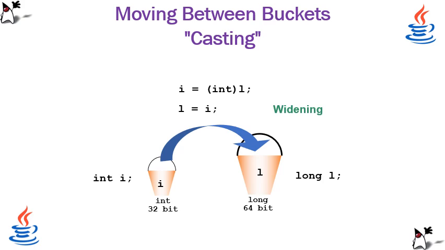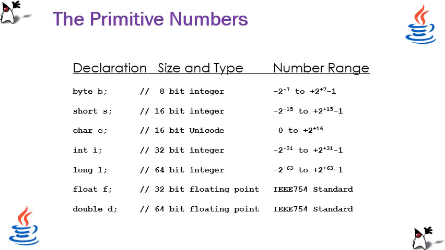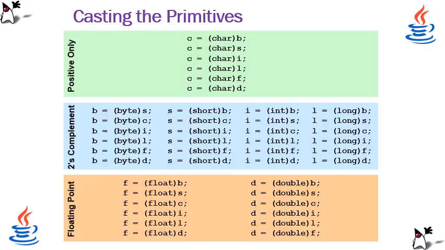This is widening and the previous one is narrowing. The primitive data types, their size and the range are displayed here.